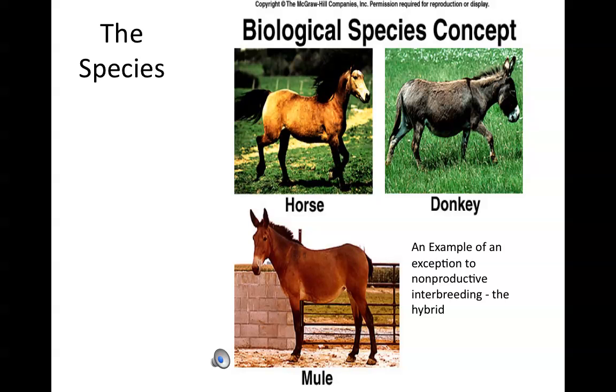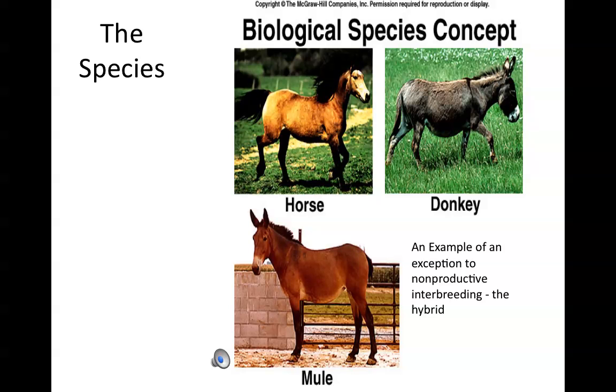They do not interbreed with other species to produce either viable offspring or offspring that are still capable of reproducing. We say that species breed true, or that if we have one generation, the species will give rise to identical or very, very similar offspring.